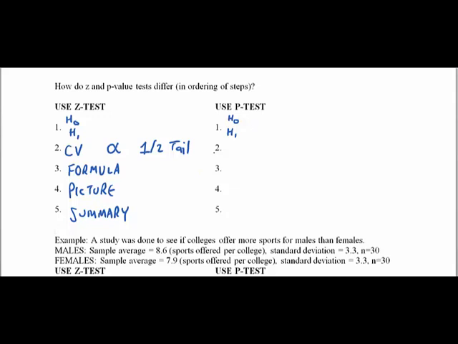Now, in the p-test, we actually don't do the critical value. What in fact we do is the formula. The formula that we do in the third step of the z-test is the same formula we use in the p-test. But then we're going to take that formula and check the z-chart to see where it is. Now, we turn that into a percentage or decimal, and then we evaluate the decimal.